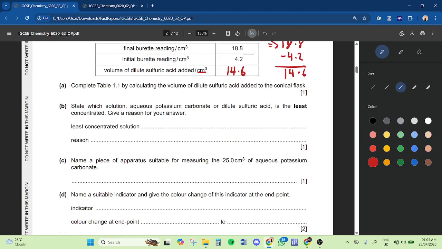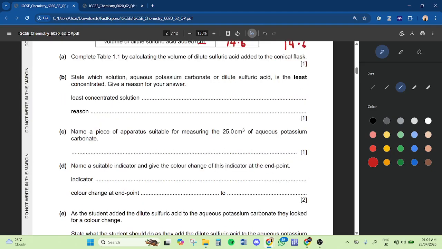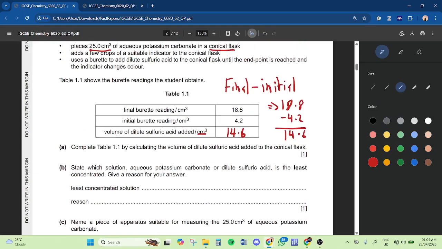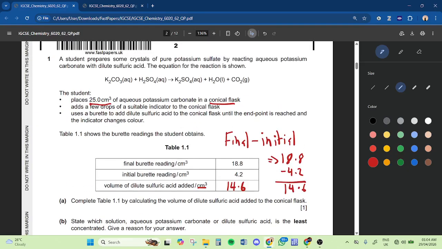So now they're saying, state which solution, aqueous potassium carbonate or dilute sulfuric acid, is the least concentrated. Give a reason for your answer. So let's compare the volumes that we have. So we have potassium carbonate, 25.0 cm³. And for sulfuric acid, we figured out that it's going to be 14.6 cm³.